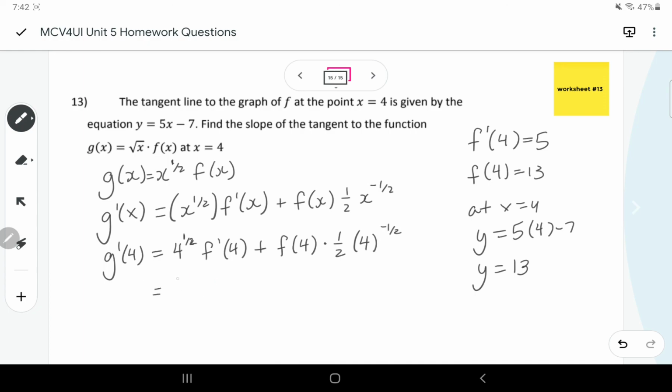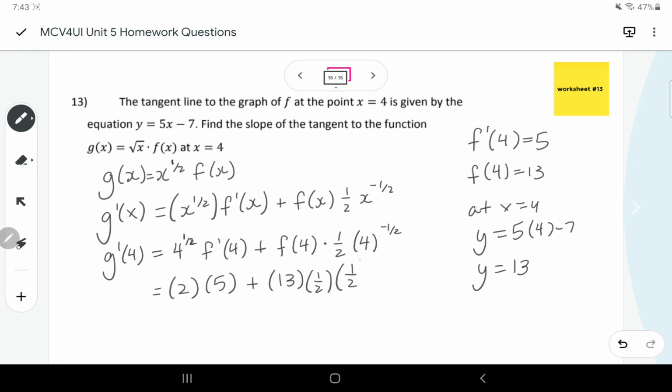So 4 to the exponent 1/2 is 2, times f prime at 4, which we know is 5, plus f at 4, which is 13, times 1/2 times 4 to the exponent negative 1/2, which is 1 over 2.